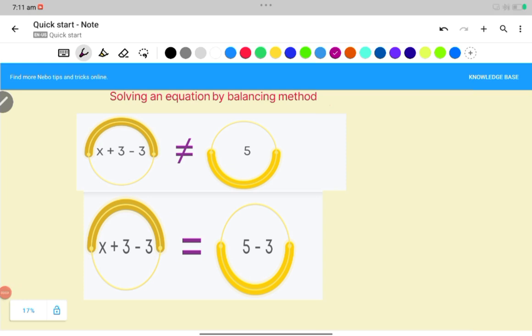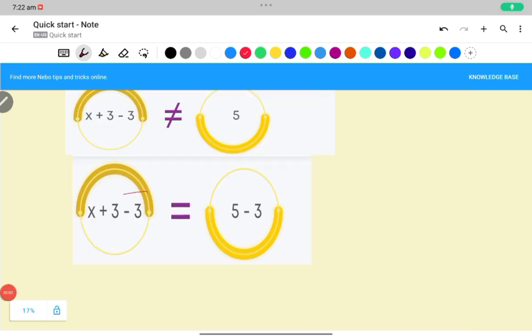Whatever operation is performed on one side of an equation, the same operation should be performed on the other side too. Here we subtracted 3 on both LHS and RHS, then the equation becomes balanced. Plus 3 minus 3 becomes 0. The remaining is x, which is equal to 5 minus 3, that is 2. So x equal to 2 is the solution of the given equation.